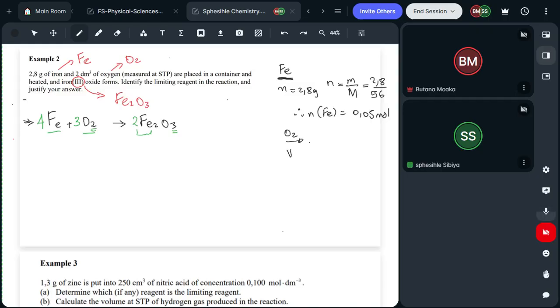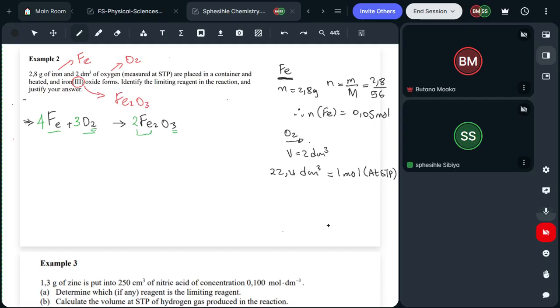The volume is 2 decimeter cube at STP. So remember, at STP, for oxygen, 22.4 decimeter cube equals 1 mole. This is at STP.